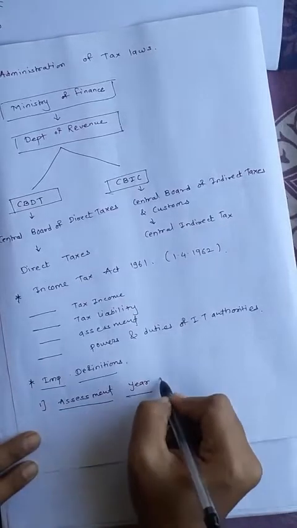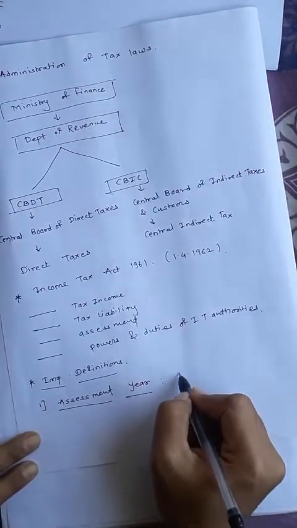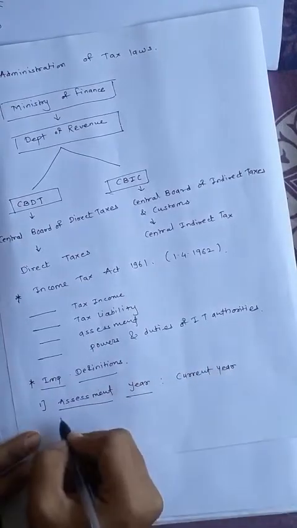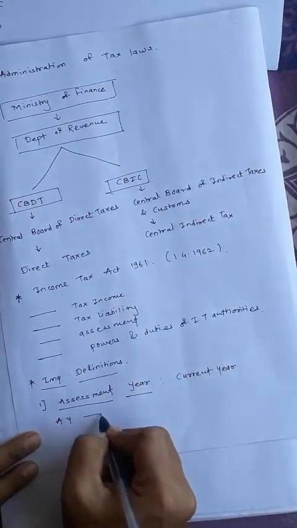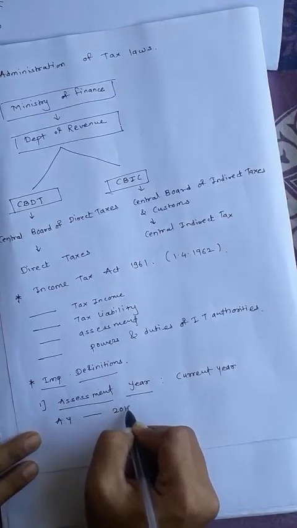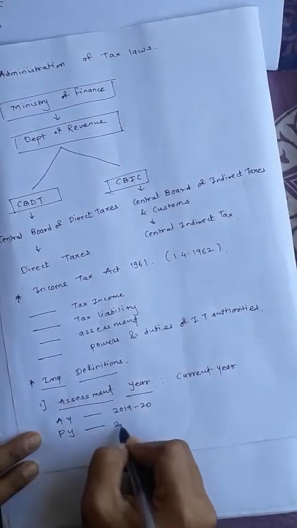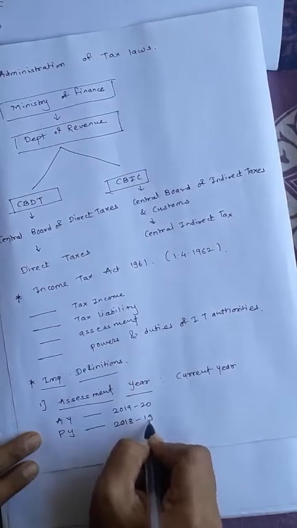Assessment year is that year which is also called the current year. Assessment year for now is 2019-20 and previous year is 2018-19.